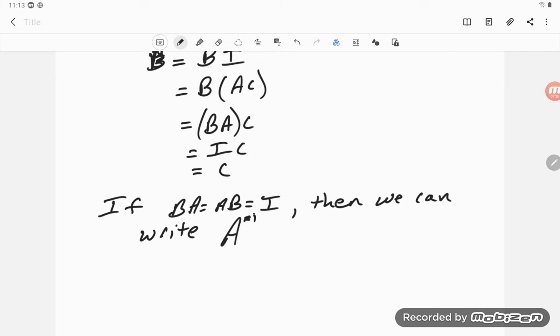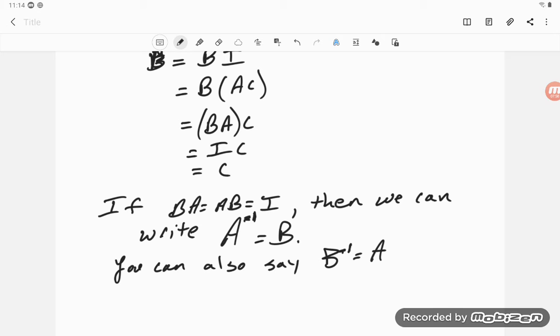We don't have fractions with matrices anyway, so A inverse is B. But similarly, you can also say B inverse is A. Either way, if B is A inverse, then A is B inverse.